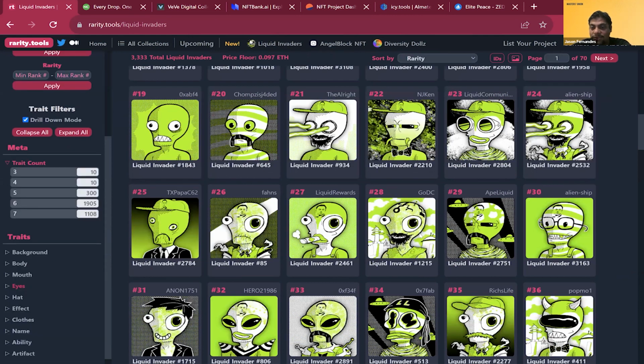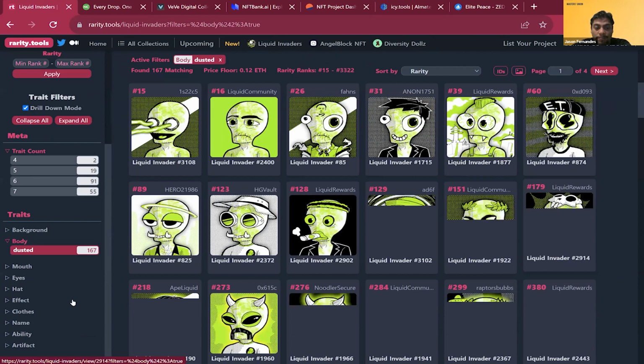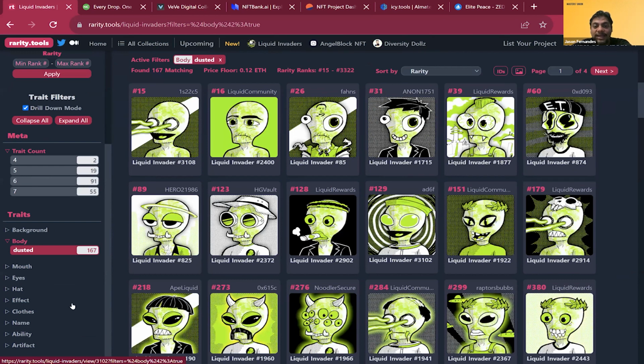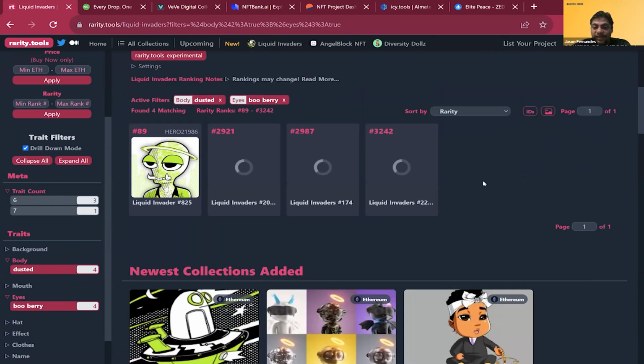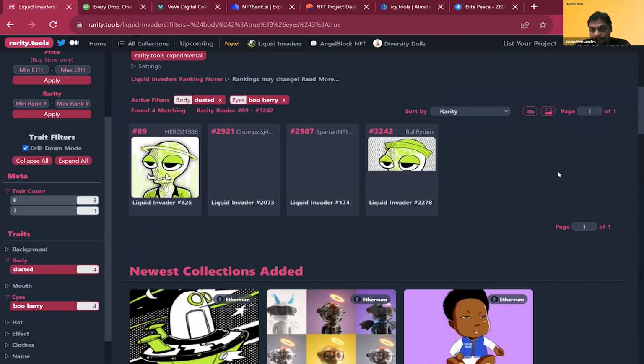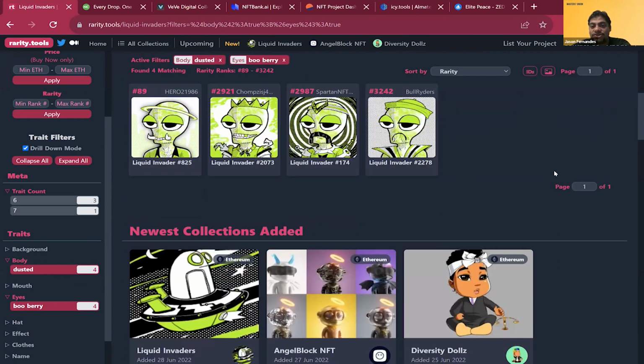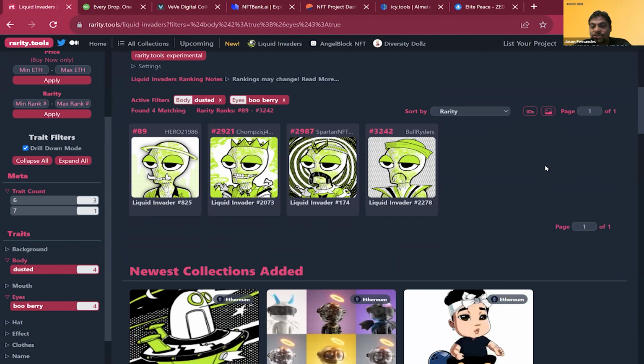These are the sort of things to look at. In fact, you can also sort by that. So if you wanted to see these blueberry eyes, you'll see all of these as they load up will have similar eyes. Boom, they all have similar eyes. So that shows you how you can sort these, and that's why that optional field actually exists. The field that says properties that I mentioned last time.